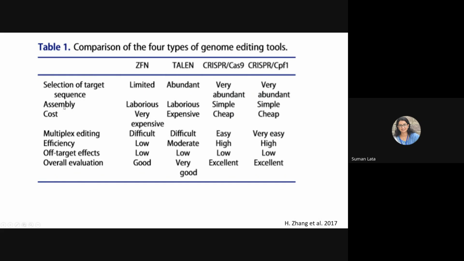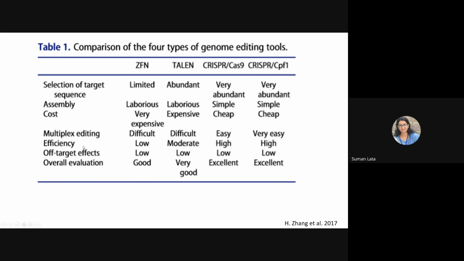If we talk about the assembly, in case of ZFN and TALEN, it is laborious, and in the Cas9 and CPF1, it is simple. Cost-wise, the ZFN and TALENs are expensive, and Cas9 and CPF1 are cheap. Then the multiplex editing is difficult in case of the ZFN and TALEN, and it is easy and very easy in case of Cas9 and CPF1.